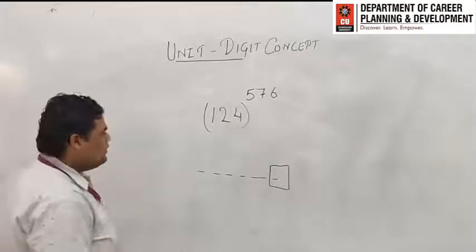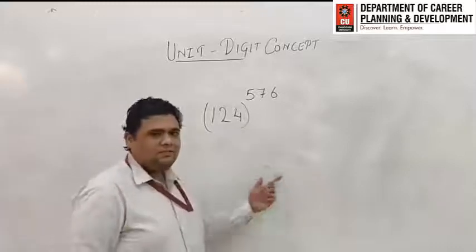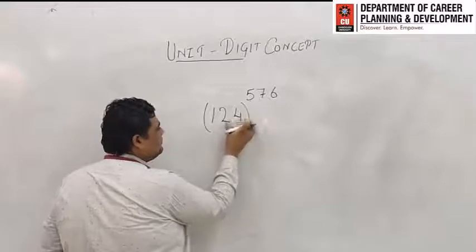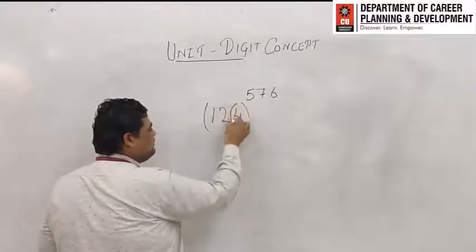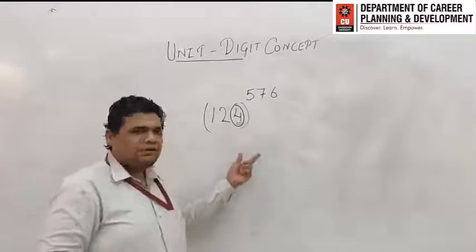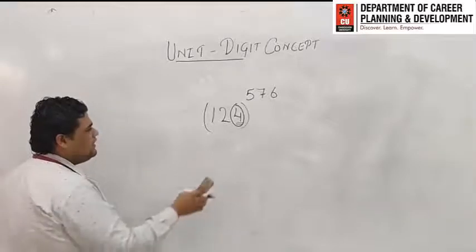That we have to find. Let's see the concept one by one. The unit place of the final number will definitely depend on the unit place of the given number.